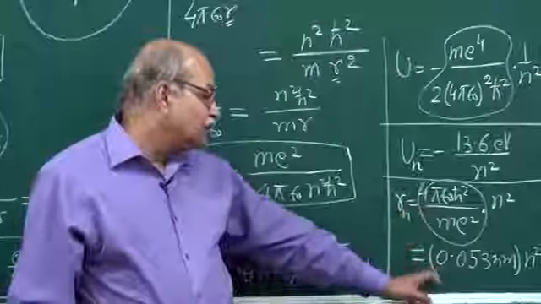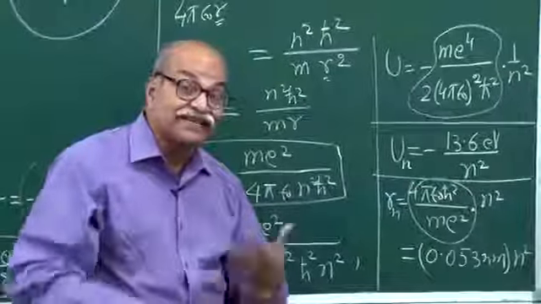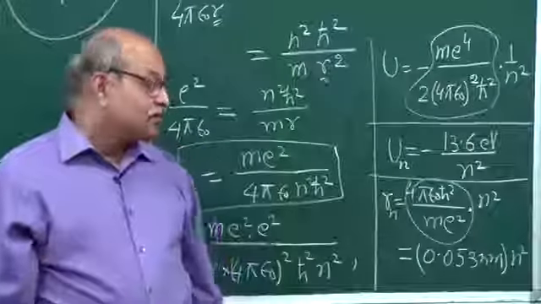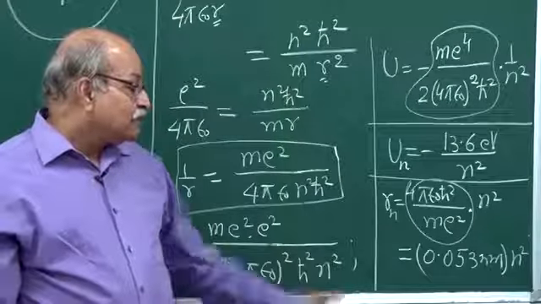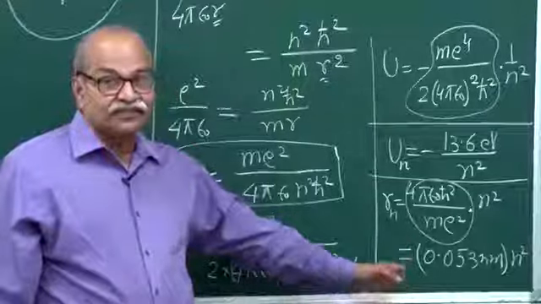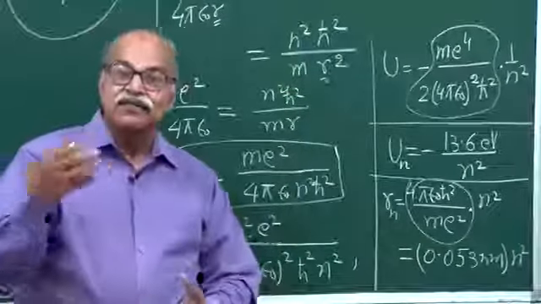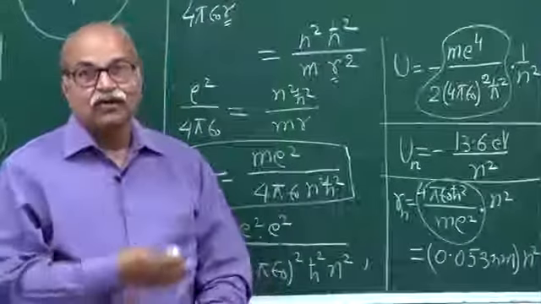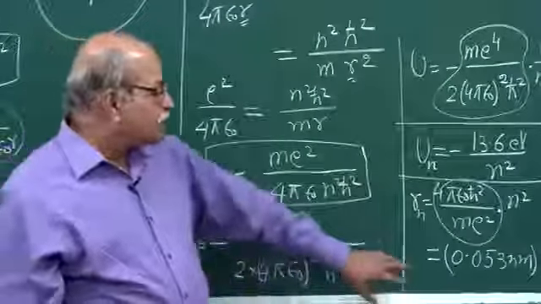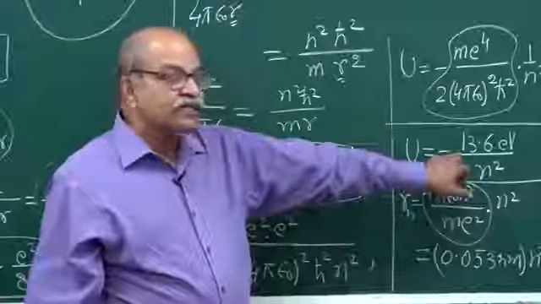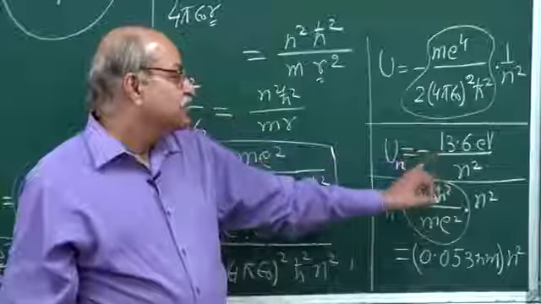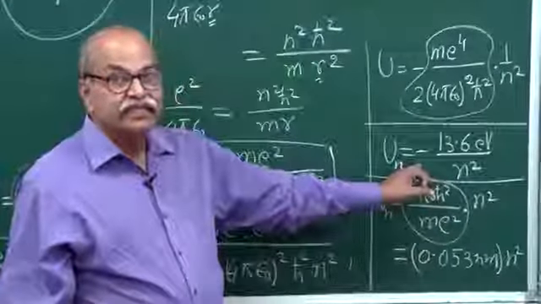These are the radii of those special orbits, stationary orbits. If the electron chooses to be in one of these circles with these radii, it will not emit anything and will continue in that particular orbit. And in that orbit, the total energy, kinetic plus potential, will be given by this expression.